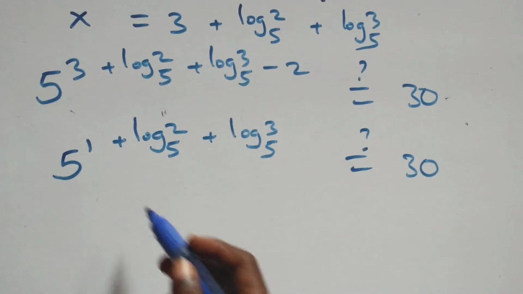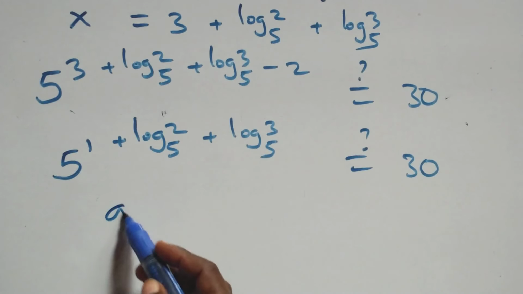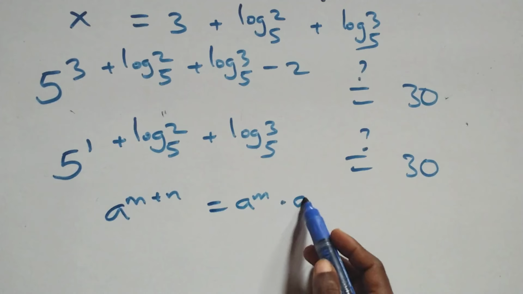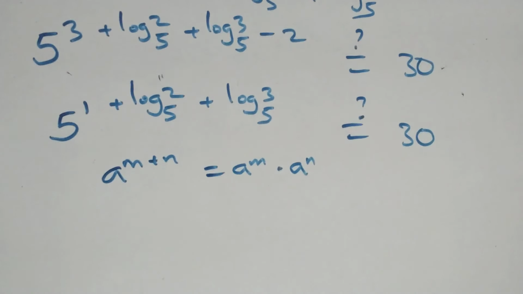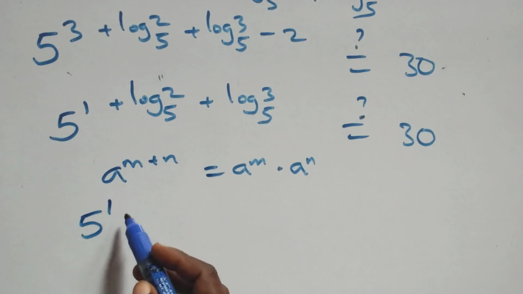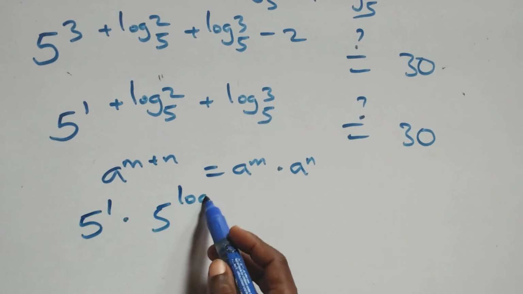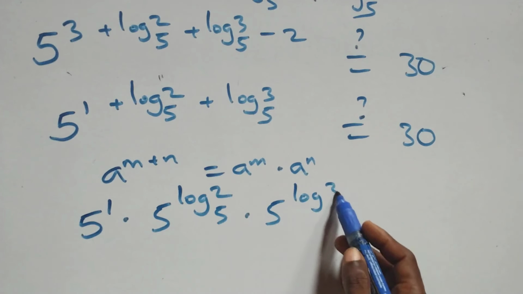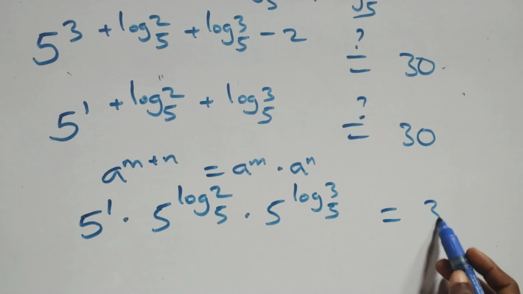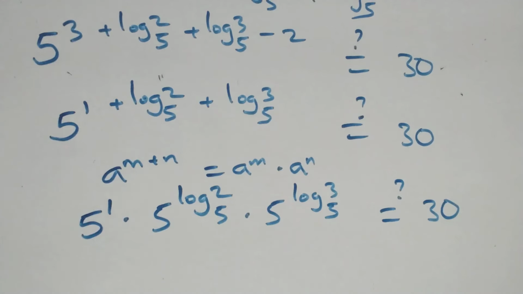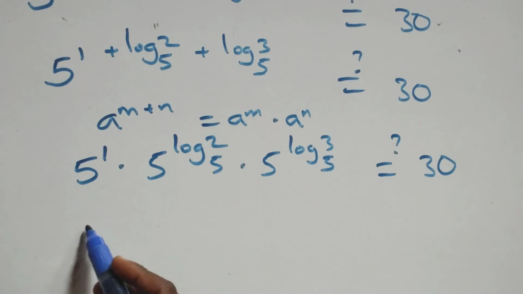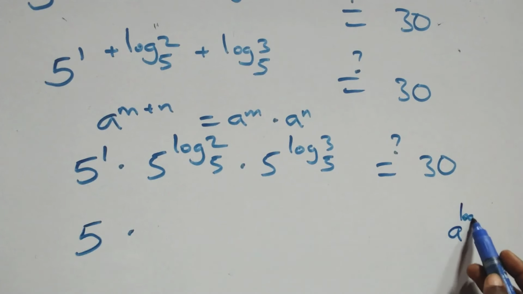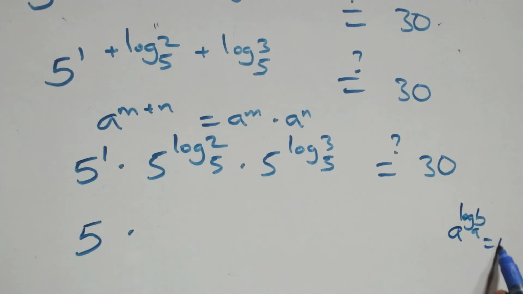That is, apply the law of indices here: when we have a raised to power m plus n, it is the same thing as a raised to power m times a raised to power n. Here we have 5 raised to power 1 times 5 raised to power log 2 base 5 times 5 raised to power log 3 base 5. This is equal to 30 on this side. Then 5 raised to power 1 is the same thing as 5. This follows when we have a raised to power log b to base a equals b.